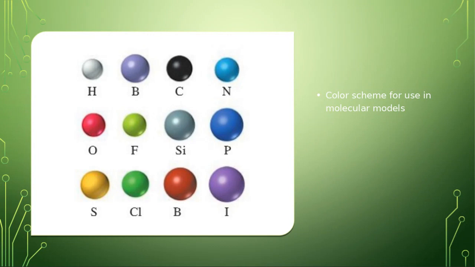For example, the black one shows us the carbon element, the red or pink maybe is the oxygen, and the boron is the light red.